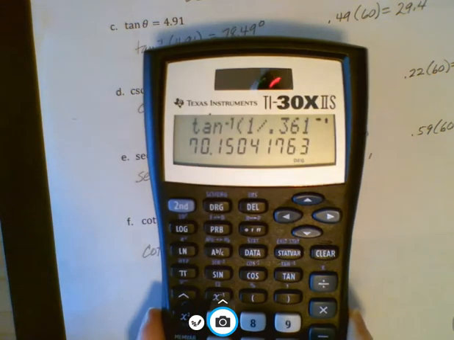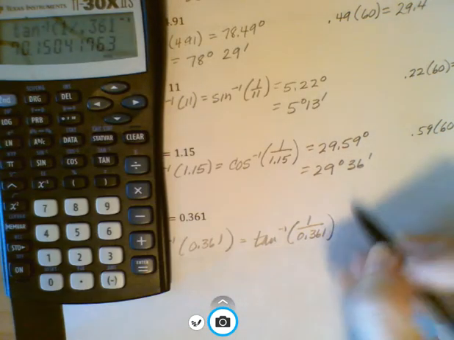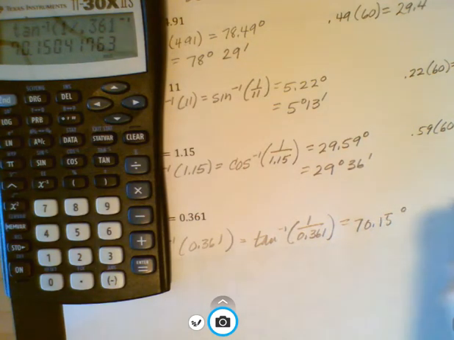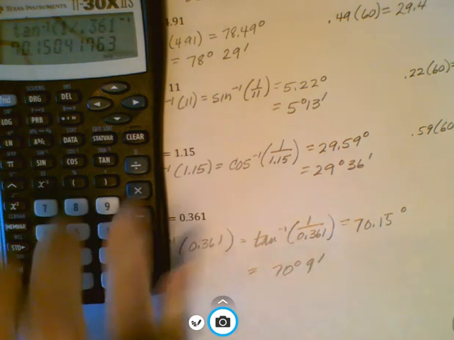We get what? 70.15. That's probably good. 70.15 degrees, and that 0.15 will give us how many minutes? That's exactly 9, isn't it? 0.15 times 60. So we get 70 degrees, 9 minutes.